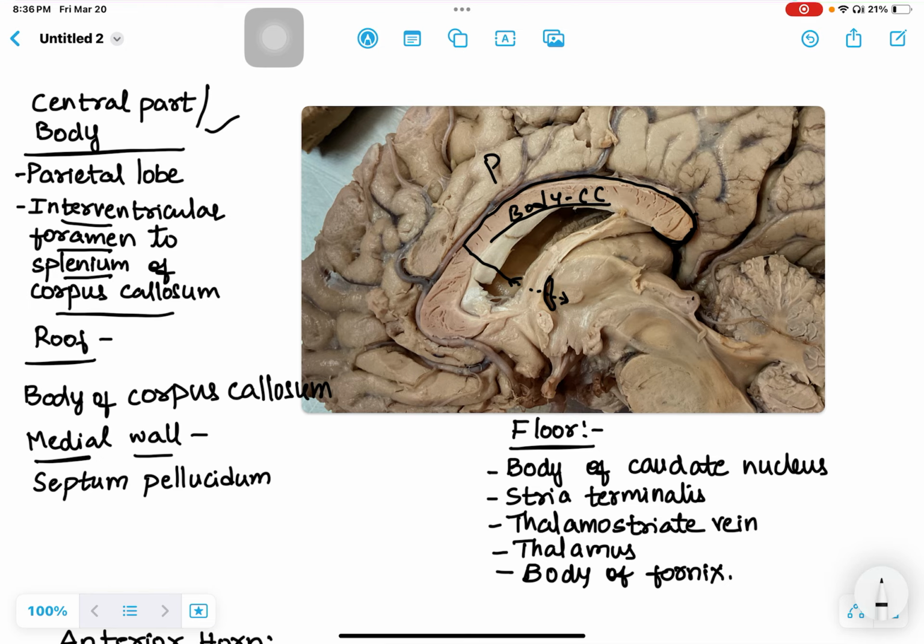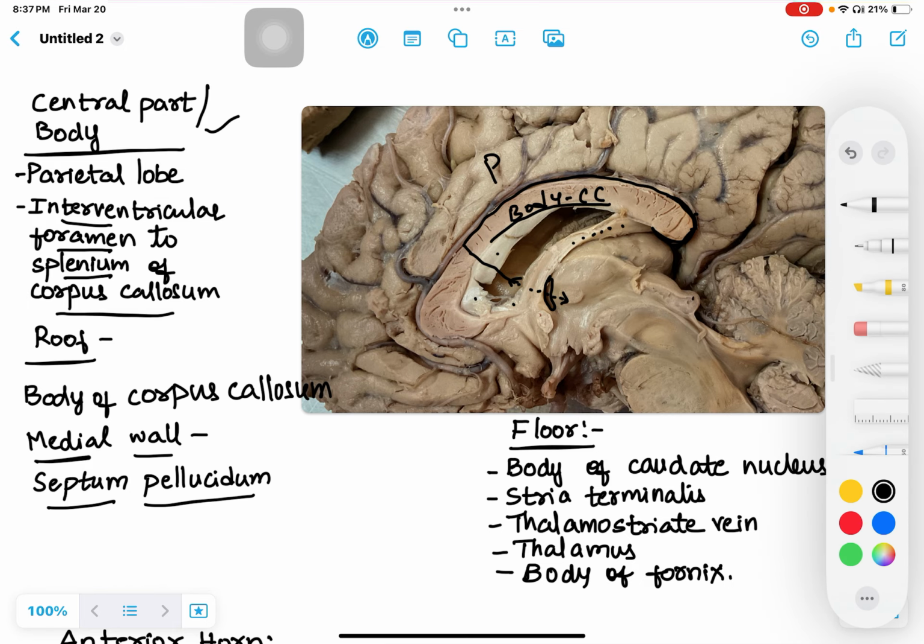And this thin membrane, what you are seeing here, is the medial wall, which separates the two lateral ventricles of the two cerebral hemispheres. This is called the septum pellucidum, and this is the fornix.